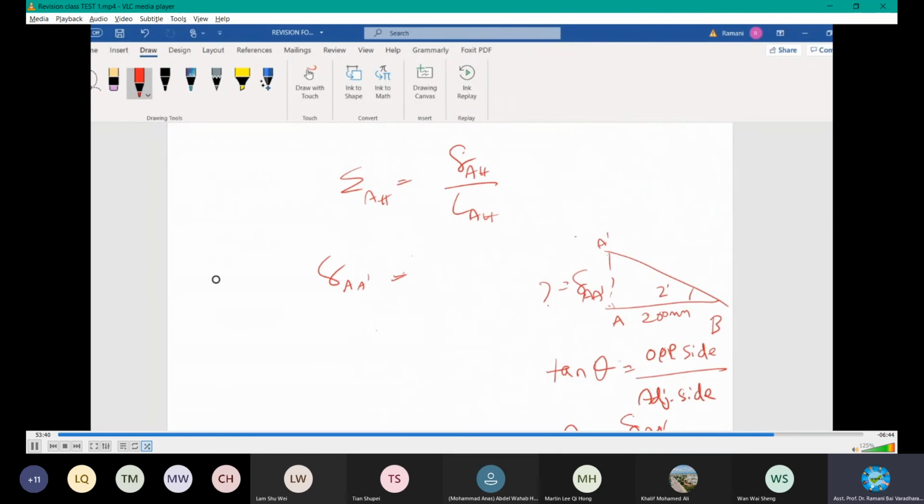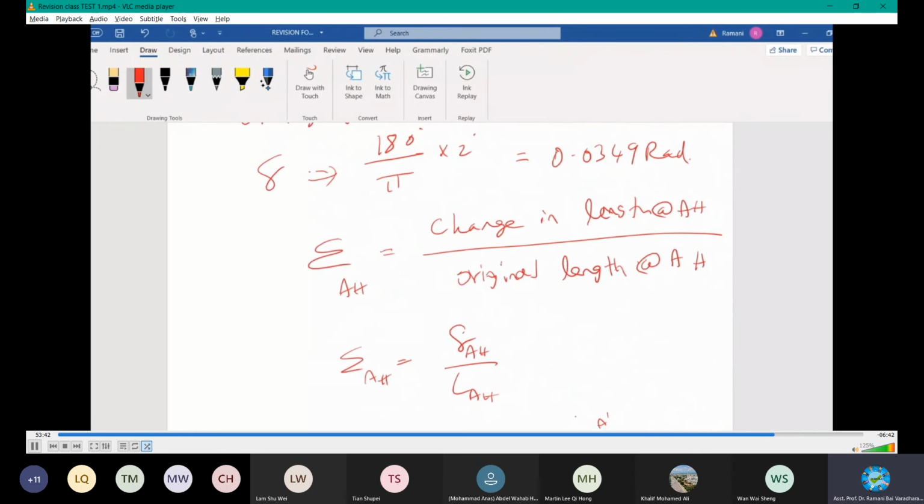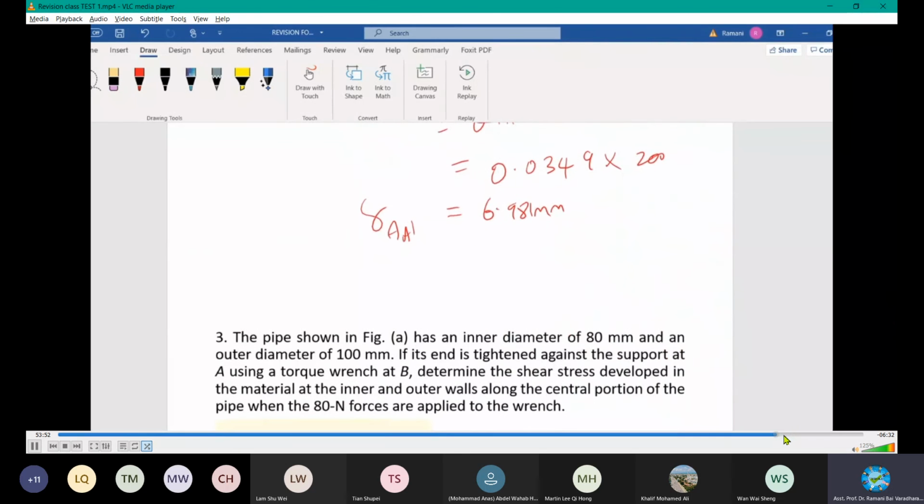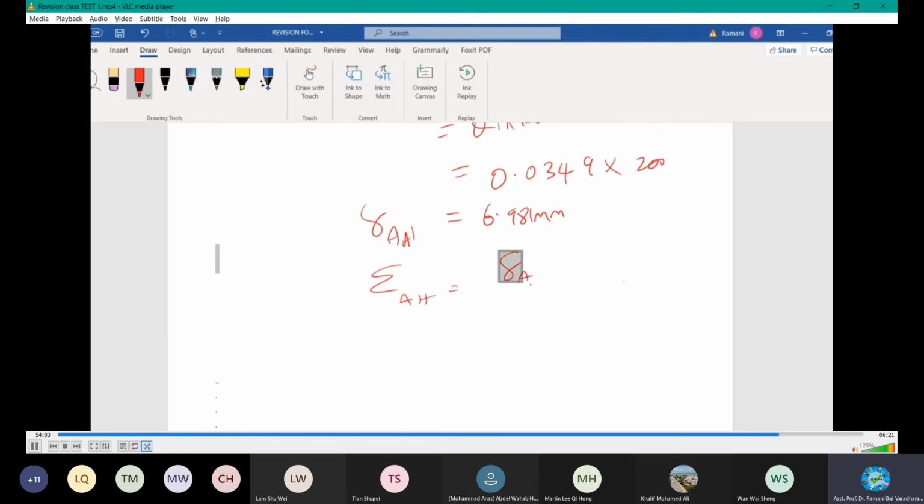I found the change in length already. Let's substitute in this case. Just repeat the equation. Strain at AH will be equal to delta AH, the change in length, over the original length.